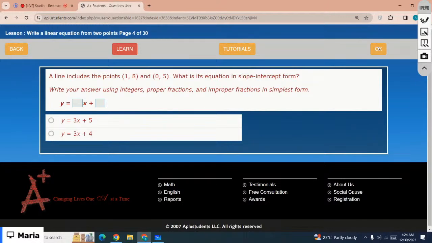The correct option is option number 1. That is y equals 3x plus 5.